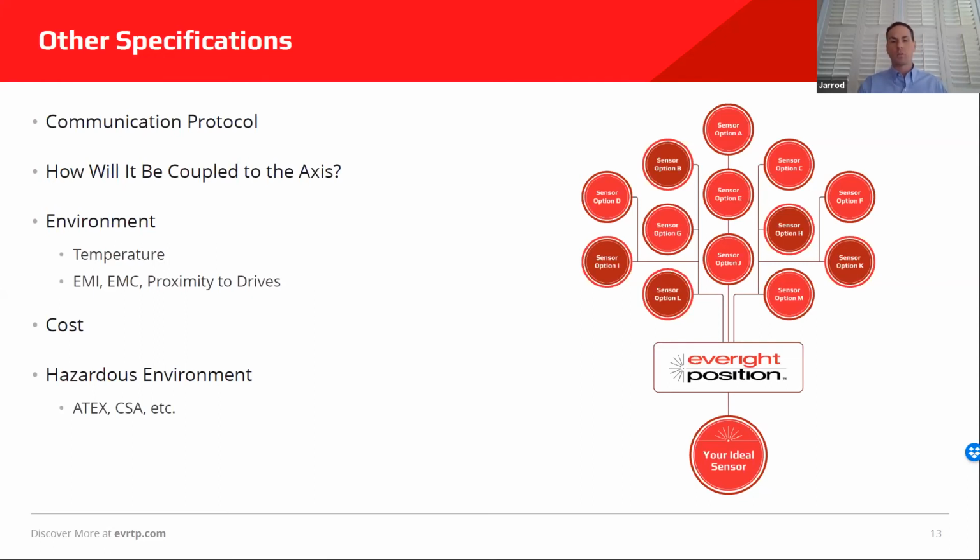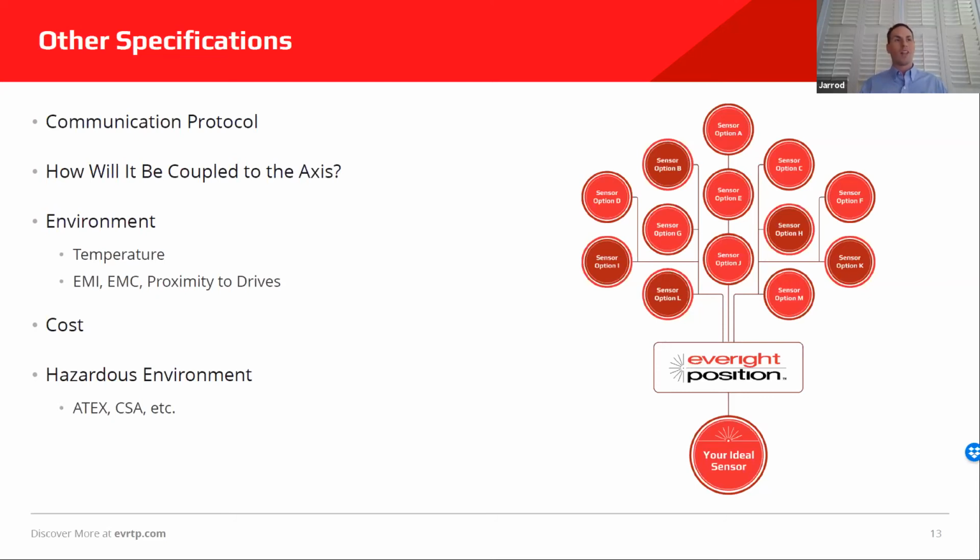Another consideration is, what's the environment like around the encoder? Operating temperature, shock, vibration, water, debris, EMI. These are all things to keep in mind. For oil and gas, grain, mining, and potentially flammable environments, there's entire lines of encoders with ATEX, CSA, UL, and other certifications to help maintain a safe environment.